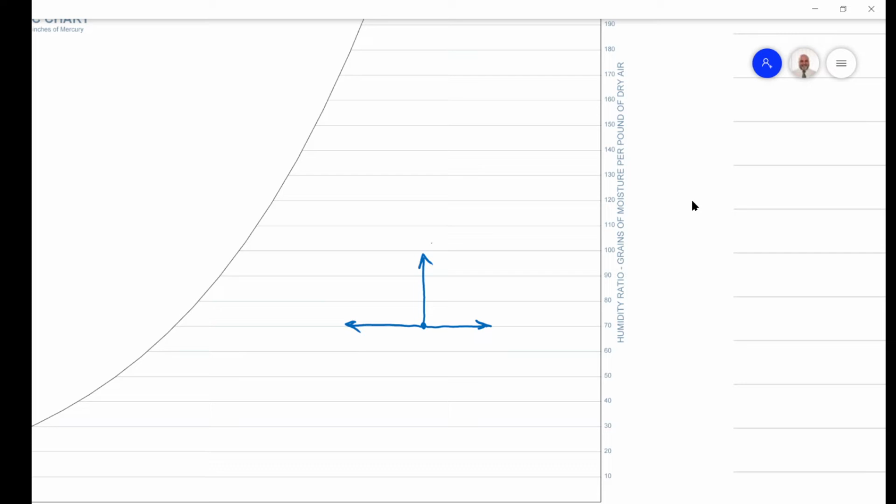We can call it humidification. And going down will simply do the opposite. It will dehumidify. It will remove water from that 1 pound of air.